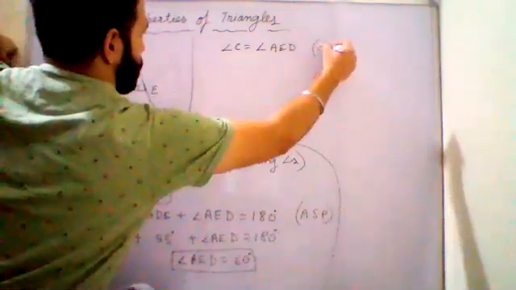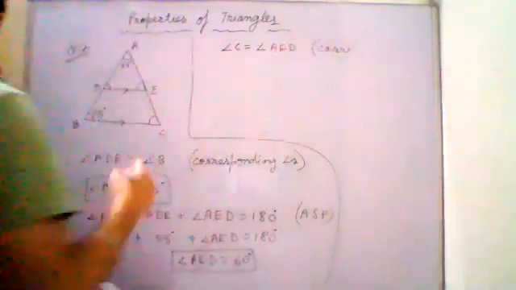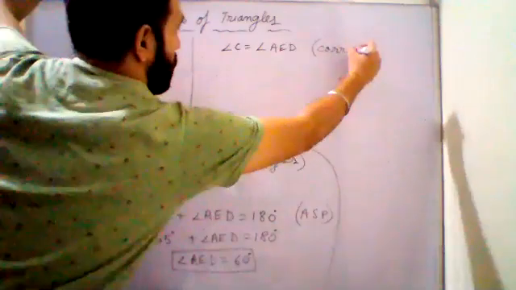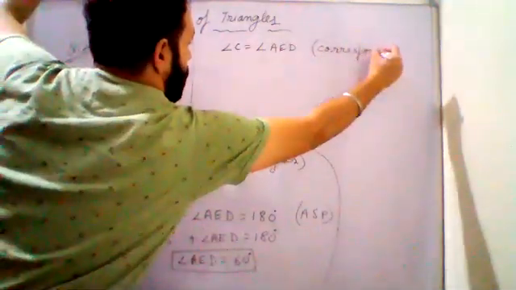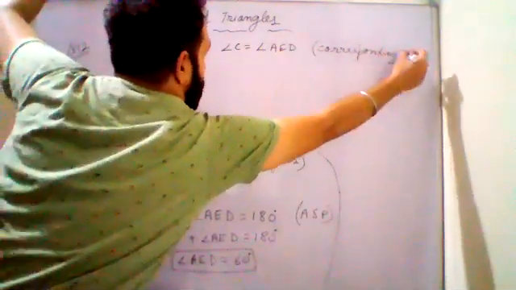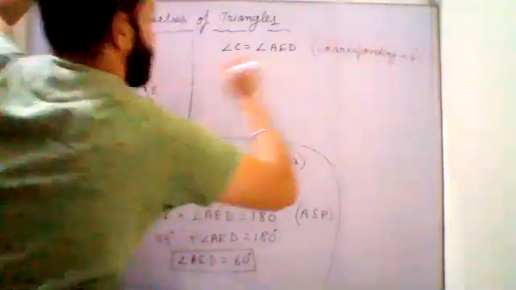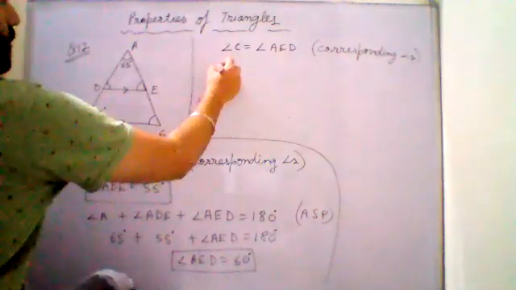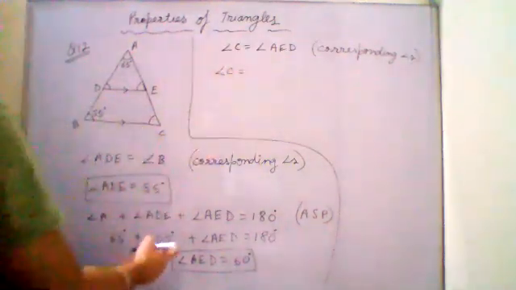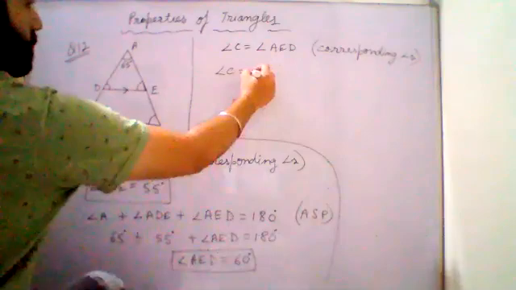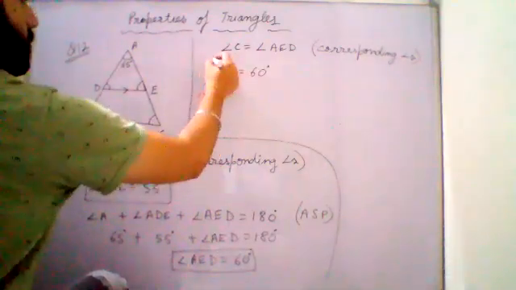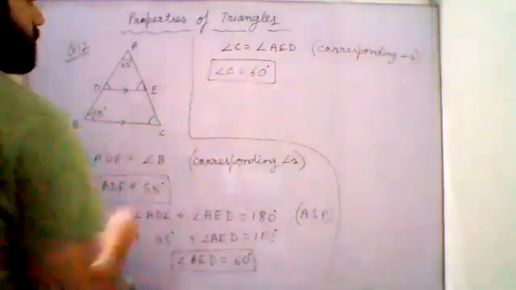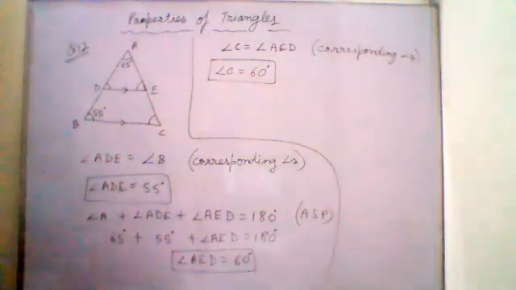I just told you, corresponding angles. Angle C and angle AED also are corresponding angles. So therefore angle C is equal to 60 degrees. What is the value of angle AED? 60. So angle C is also 60. So these are the three parts of the question.